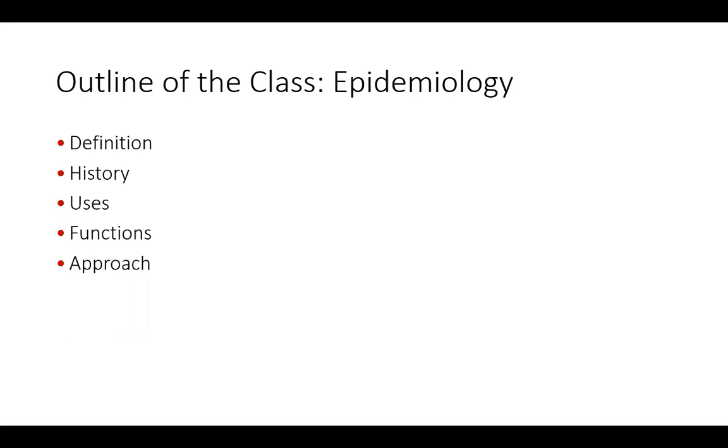In the fourth step, we'll identify the core functions that the science performs. And the fifth and last point is the approach that epidemiologists take in trying to solve problems. We will describe the primary applications of epidemiology in public health practice and the epidemiologic approach that epidemiologists take. So we'll begin the class.